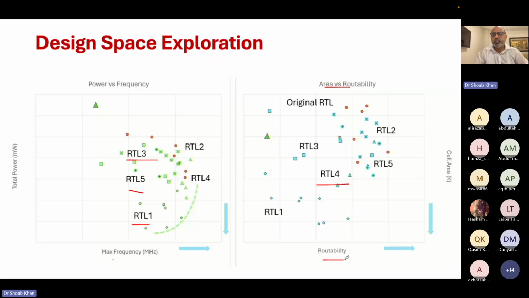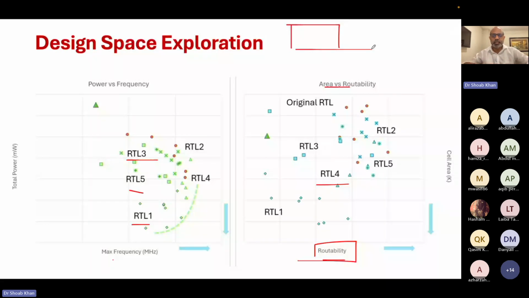And sometimes area and routability are two things, how easy or difficult, because once you're putting more and more logic, its routability becomes very difficult. Place and route is such a difficult problem, having almost infinite options, and finding an optimal is very, very difficult. Even if you're constructing a house and it has 4 bedrooms and two kitchens and a dining room, placing them in space has almost infinite options.